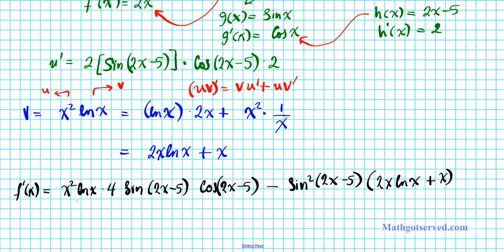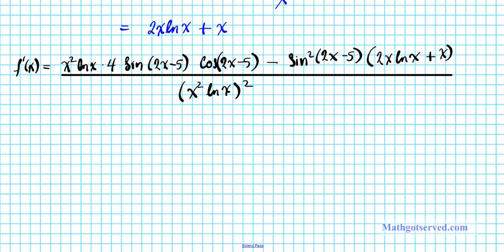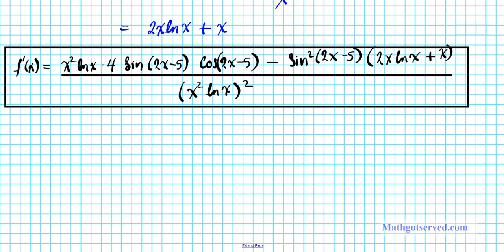And then this entire expression, according to the quotient rule, is going to be divided by v squared. So v is that, so we just have x squared ln x raised to the second power. Okay, so this is the desired result for f prime of x.